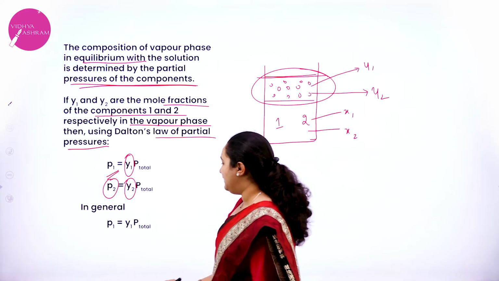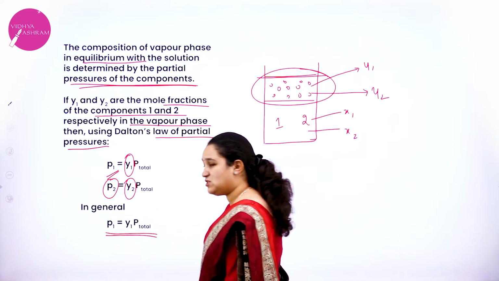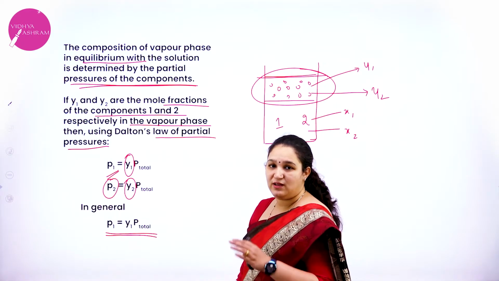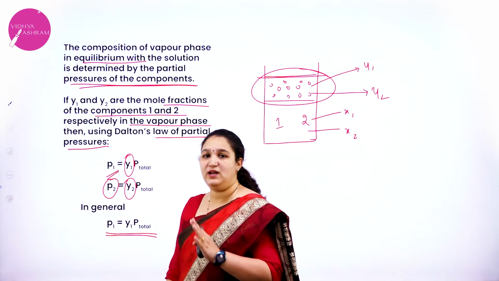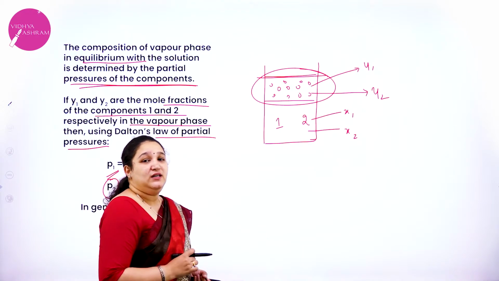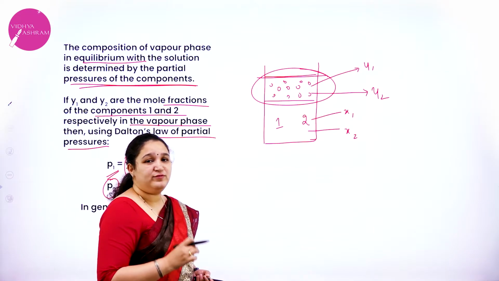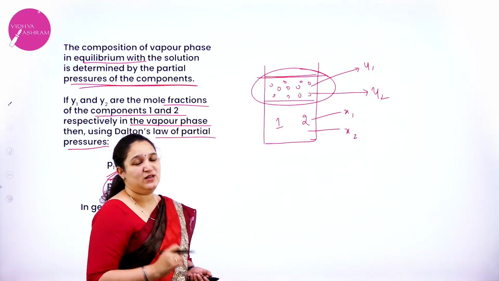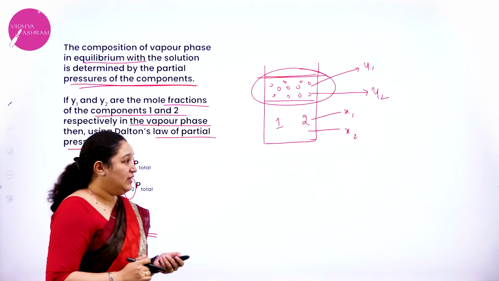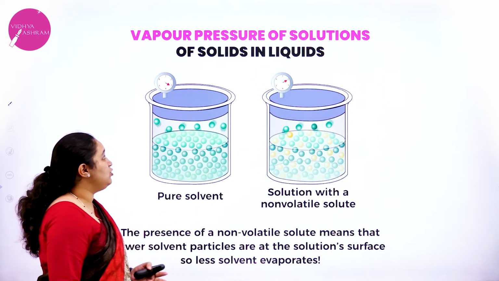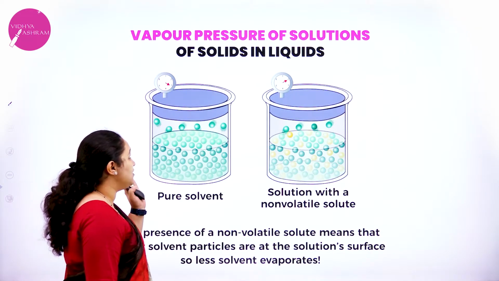So in general I can tell, according to Dalton's law, partial pressure is equal to mole fraction in the vapor phase into total pressure. So I hope you understood about the composition of the components in the vapor phase in liquid solutions.